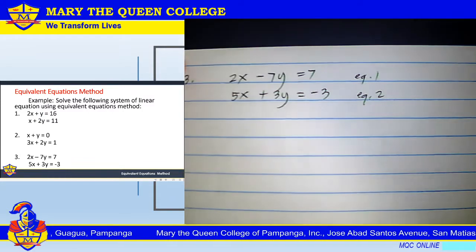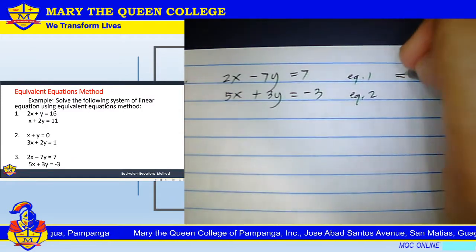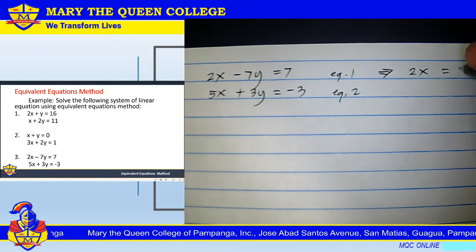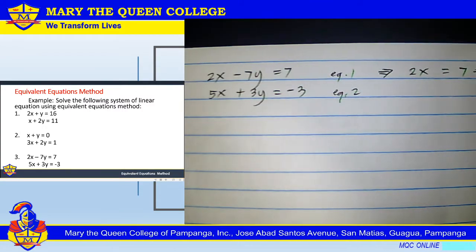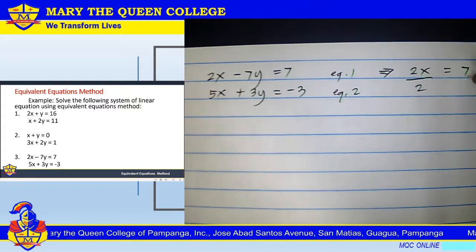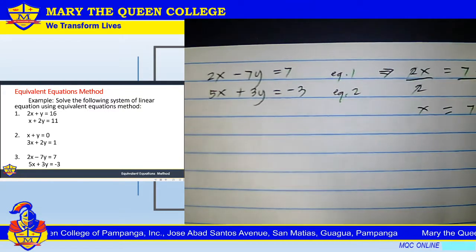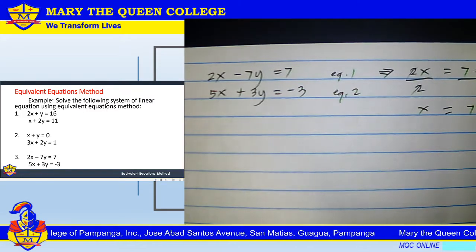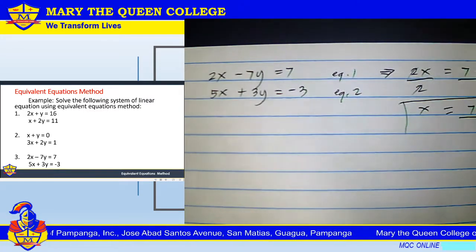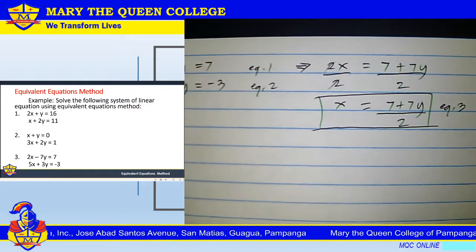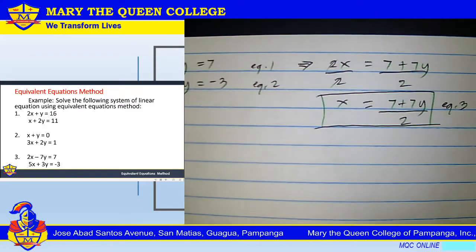Let's say x muna. So, from here we have 2x is equals to 7 plus 7y divided by 2 both sides. So, x is equals to 7 plus 7y all over 2. So, this is equation 3. Okay?